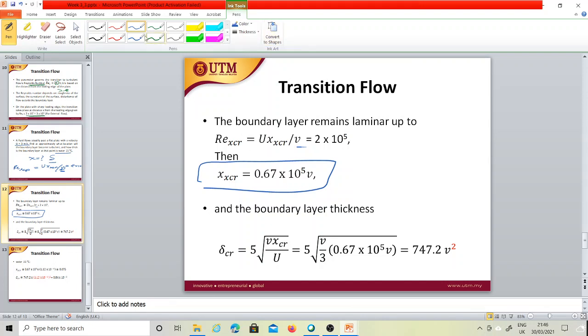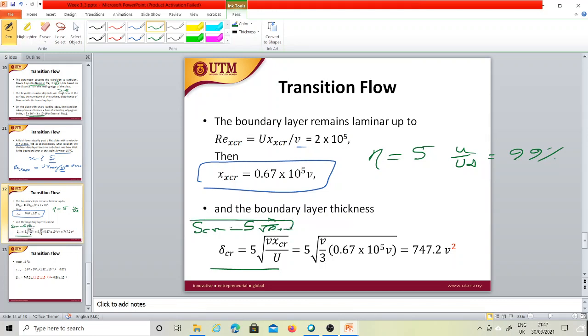Okay, this is the answer already, and the next one is the boundary layer thickness. If you remember, in the earlier case, we found that when eta is 5, u by u infinity becomes 99%, or 0.99. So from that equation, we know that delta critical is 5 root over of mu x critical by u. Before, we had that delta critical is 5 x root over Re x.